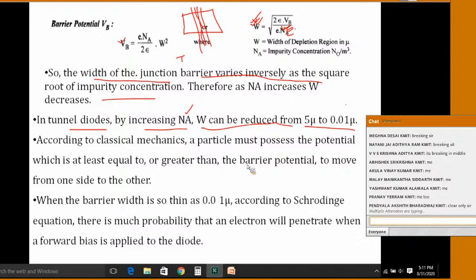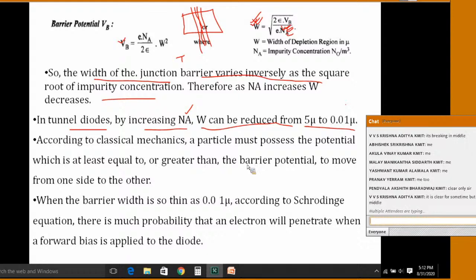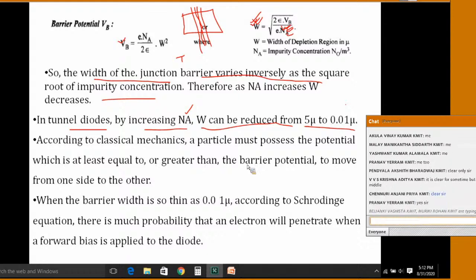Now it is clear. It is clear for some time, but breaking in the middle.